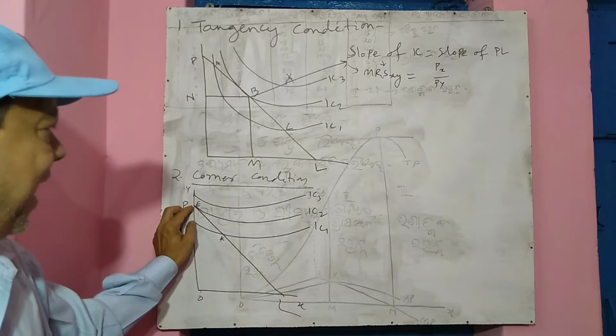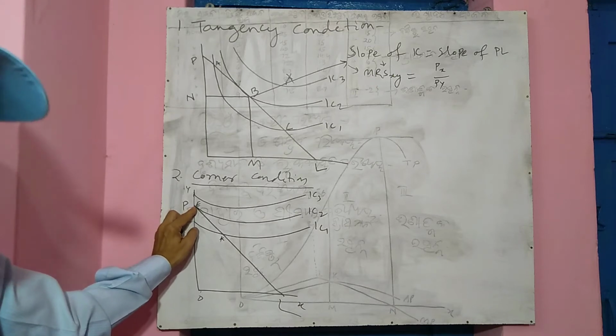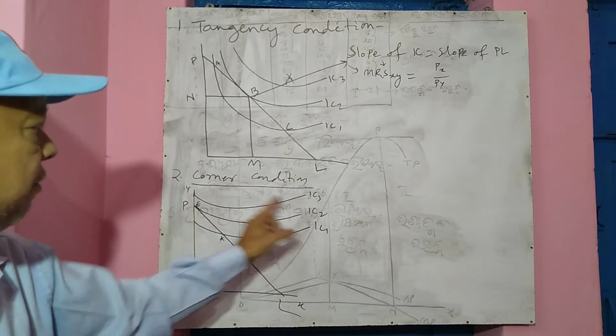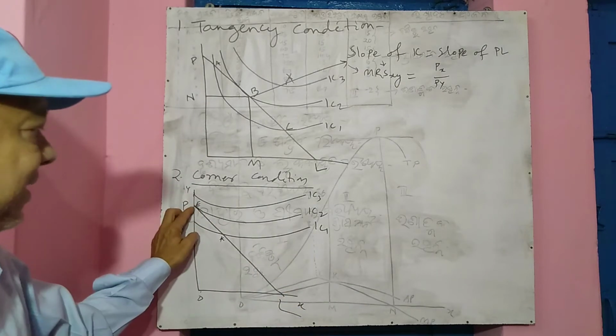At this particular corner P, the indifference curve and price line intersect.